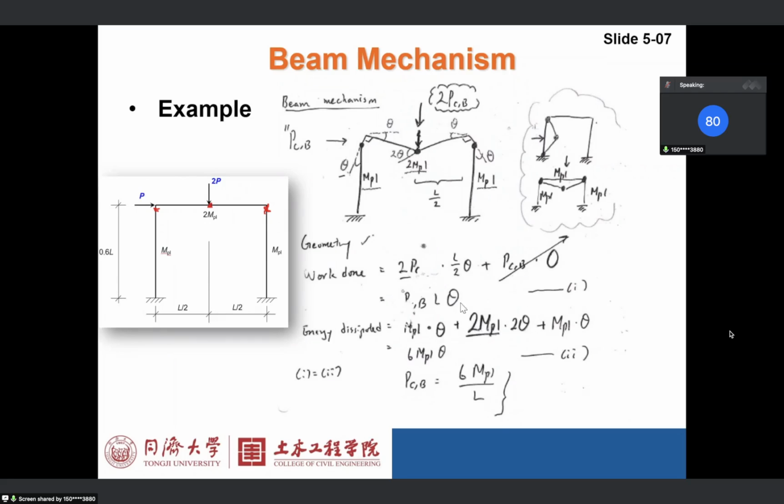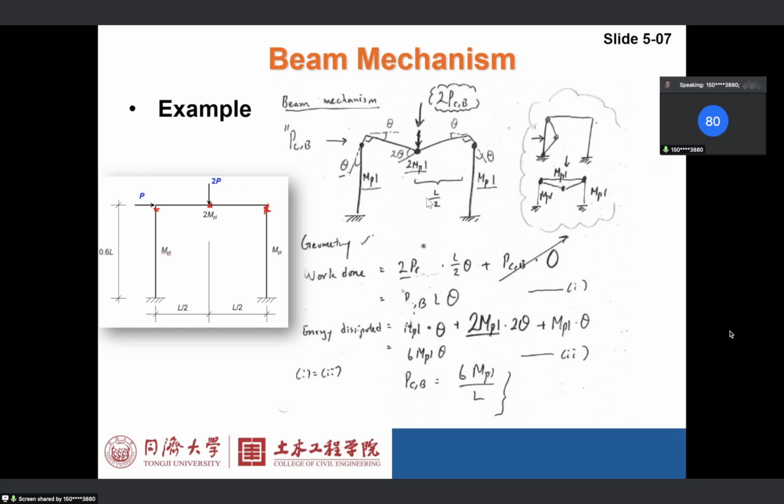And 2 MPL. Now, this is beam, so it has to be 2 MPL. It's not 1 MPL, okay? It's 2 MPL because this is a beam, times 2 delta, plus MPL times delta. So overall it is 6 MPL.